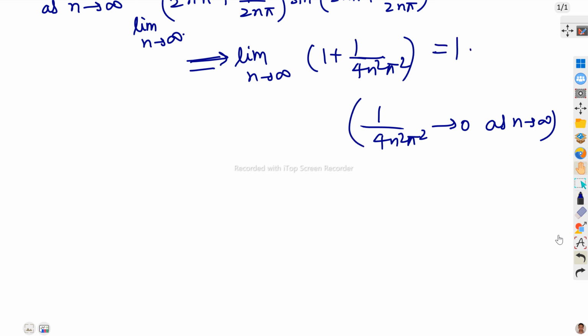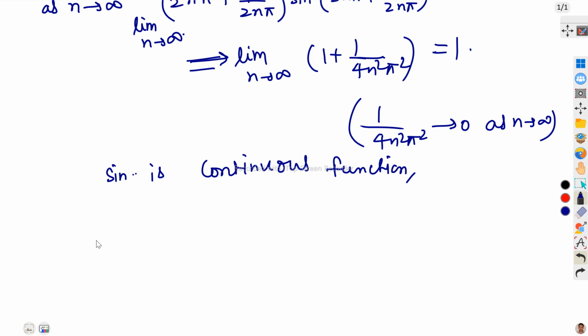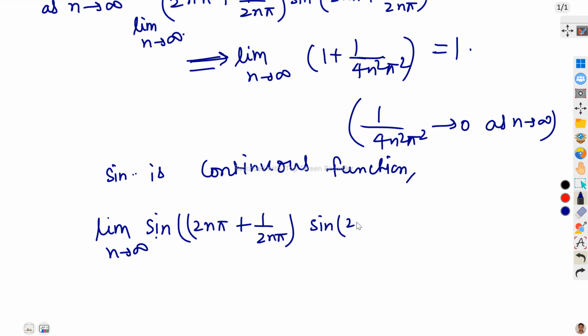Again, we know that sine is a continuous function. So the limit as n tends to infinity of sine of (2nπ plus 1 upon 2nπ) times sine of 1 upon 2nπ is equal to sine of the limit, since we can take the limit inside the given function because sine is a continuous function.